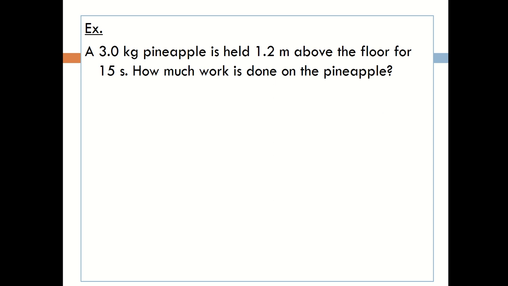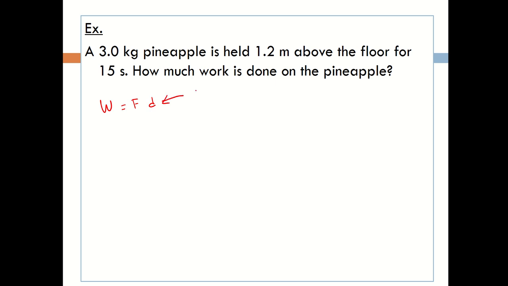So if you're not lifting it, if you're just holding it at a certain height and you're interested in how much work you're doing, even though your muscles are applying a force, the object is not moving up or down. You hold it constant at 1.2 meters, which means the distance traveled here is going to be 0. So if the distance traveled is 0, you will end up with 0 work done. So the work equals the force times distance.